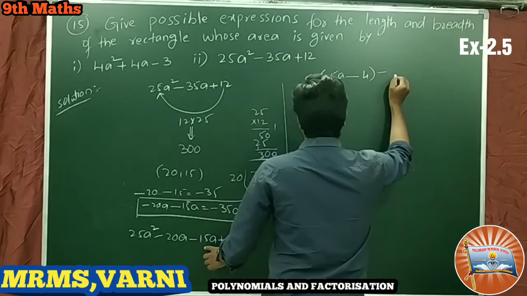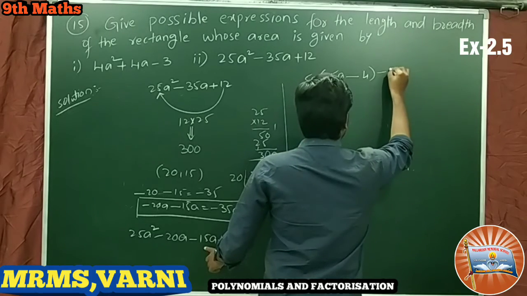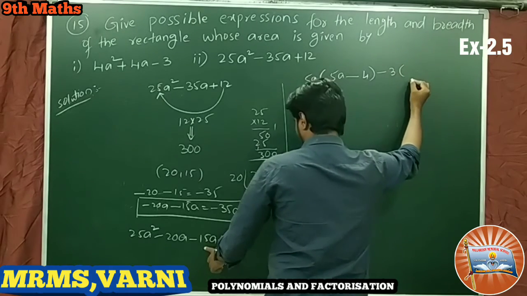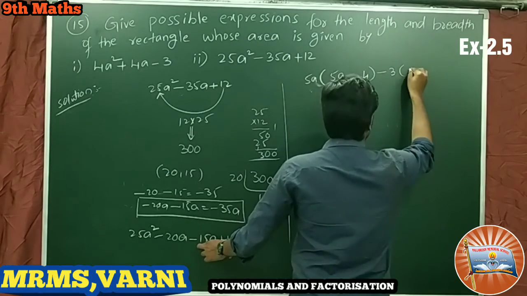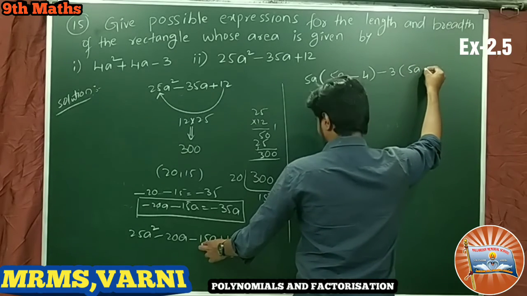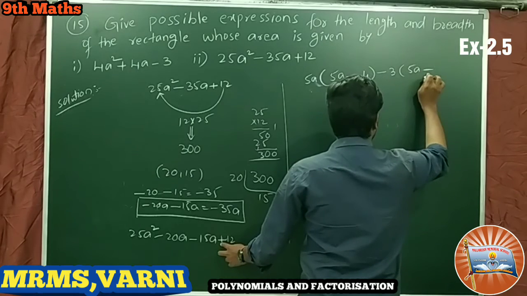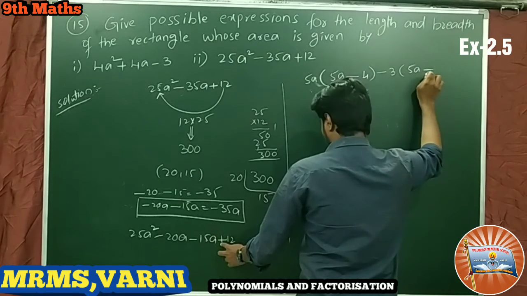Next, take minus 3 common. What becomes? 5a remaining here, and this place becomes minus 4, because minus into minus again becomes plus.